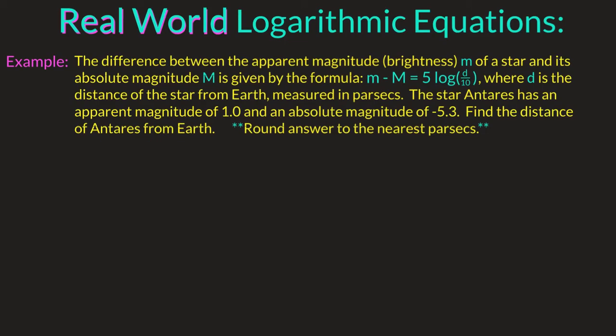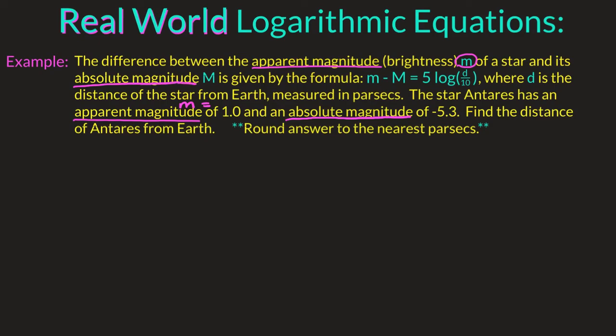The star Antares has an apparent magnitude, and up here it mentions that apparent magnitude is the lowercase m, so we know that m is going to equal 1.0, and it has an absolute magnitude. An absolute magnitude is mentioned up here.